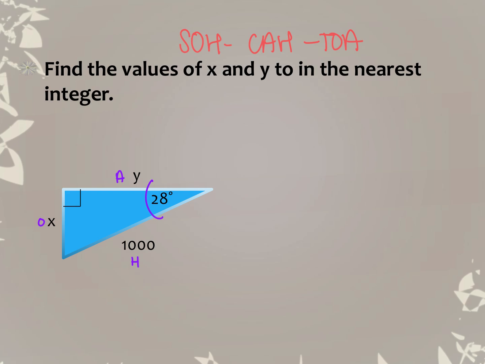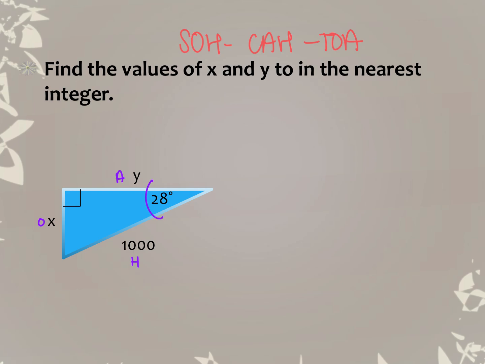Okay, so I'm solving for x. For tangent, I need my opposite side and my adjacent side. Does that give me enough information to solve for x? No, so then I can't use tangent. Can I use cosine? I can't use cosine either because I'm solving for x, and x is my opposite side. So I know I'm going to have to use sine.